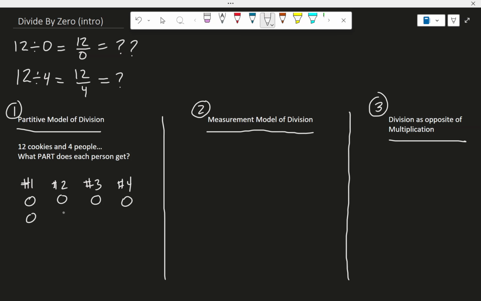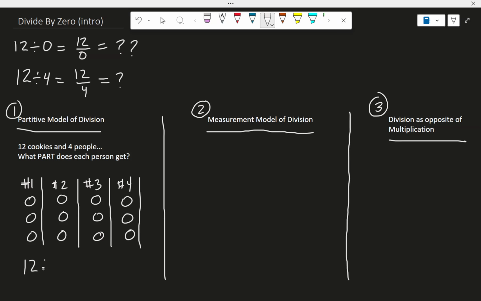Then we've got 5, 6, 7, and 8 cookies. I've got more cookies to dish out: 9, 10, 11, and 12. You can see what part each of the 4 people gets. Looks like they each get 3 cookies. And as you knew, the answer to 12 divided by 4, written as a fraction, was 3.